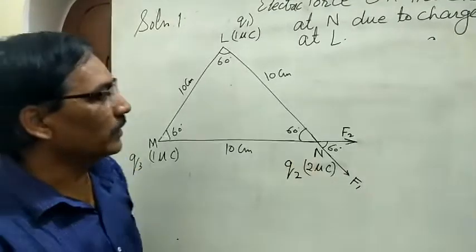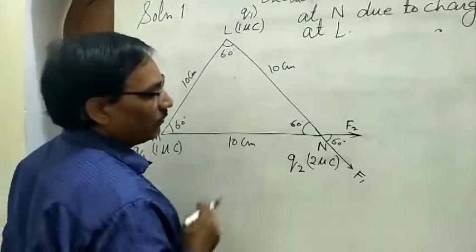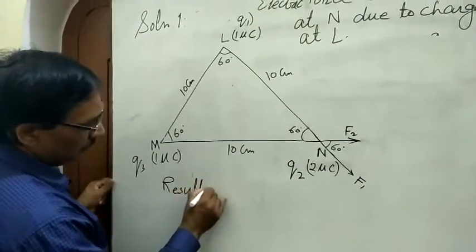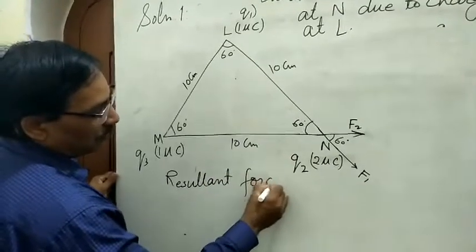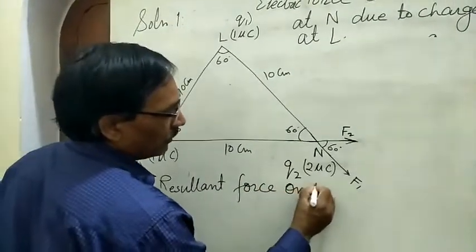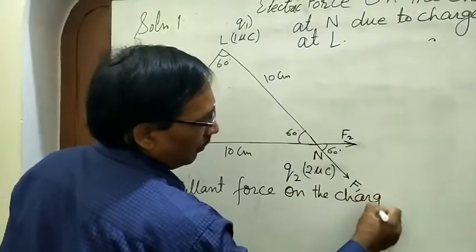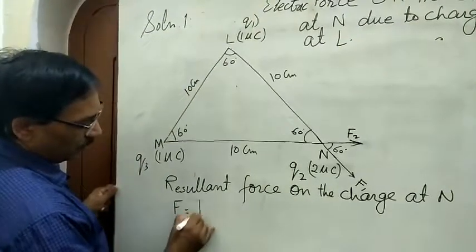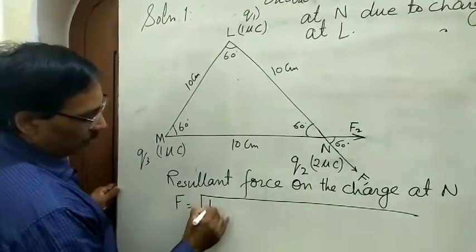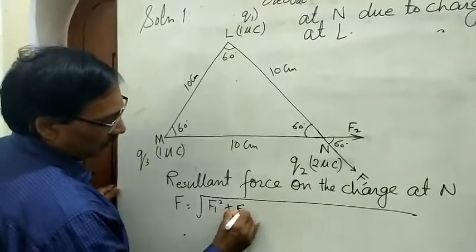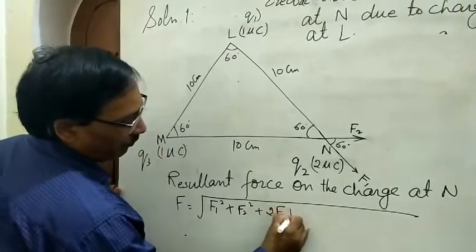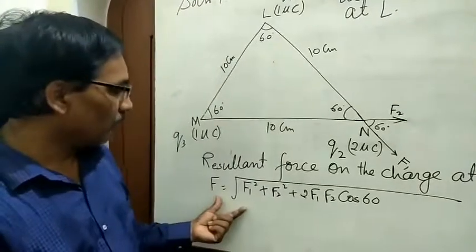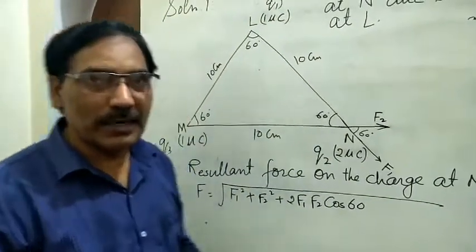So the resultant force acting on the charge at point N, F is equal to under root F1 square plus F2 square plus 2 F1 F2 cos 60. You know this formula, you have studied it in class 11, how to find the resultant of two forces.